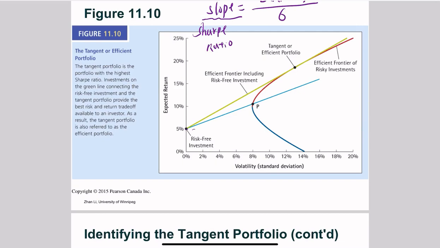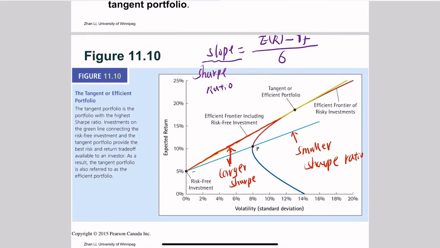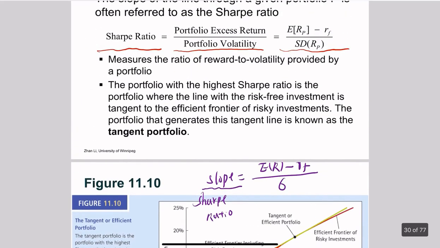So you can see that this line has a smaller Sharpe ratio compared with this line, which has a larger Sharpe ratio. Obviously, the line on the top is preferred. This tells you why a larger Sharpe ratio is preferred to a lower Sharpe ratio.